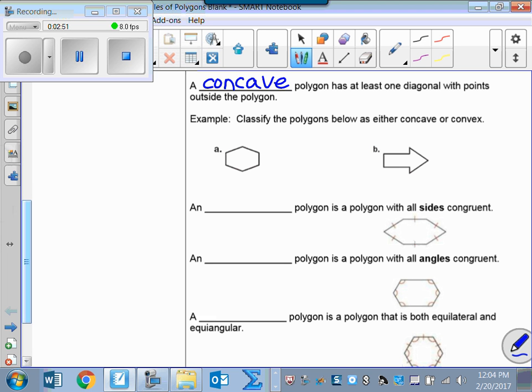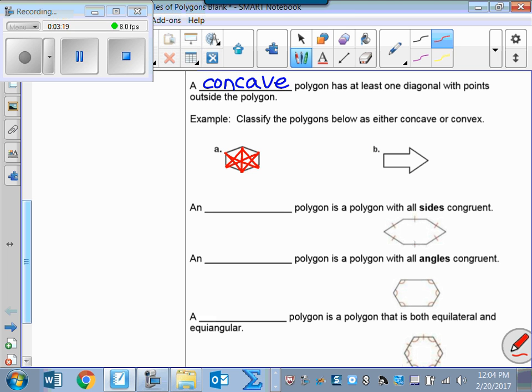So let's see, classify the polygons below as either concave or convex. Okay, concave, we know that one diagonal somewhere is going to have points outside of the polygon. Let's look at this first one here. Let's just draw all the diagonals. Remember, it's got to be a segment between two non-consecutive vertices. So we got quite a few diagonals in here. And there's one, and there's one, and I think that's got them all.